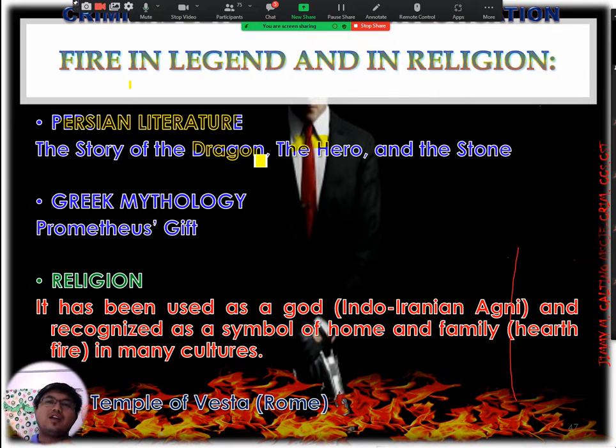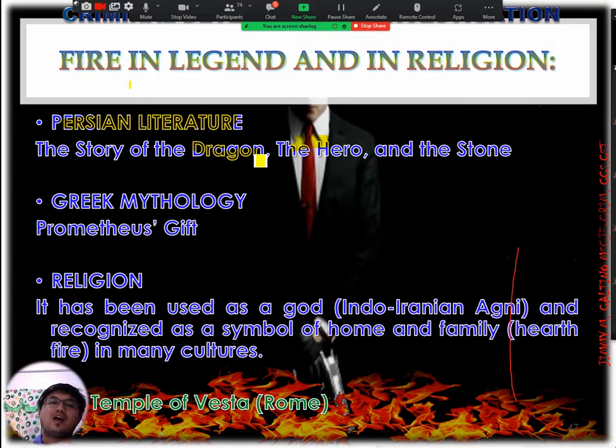Okay? Others, on religion, sometimes they make use of this fire as a symbol of, or sometimes they make use of this fire as gods. Okay?